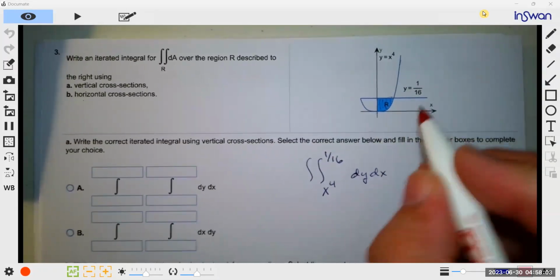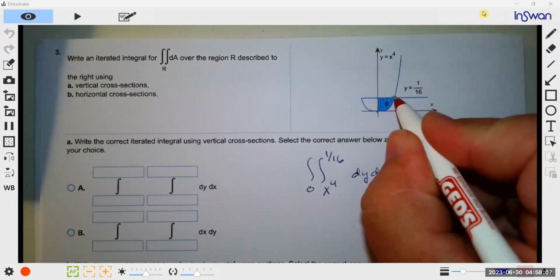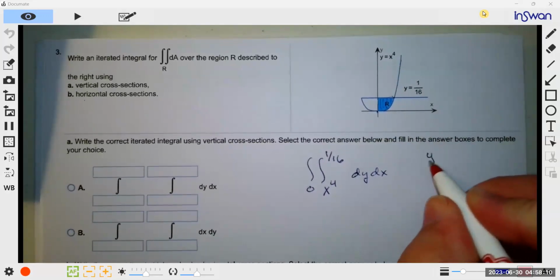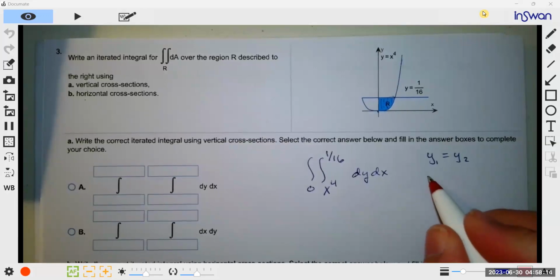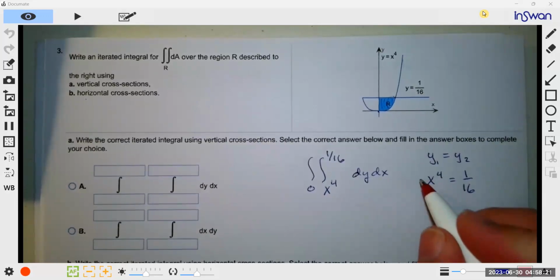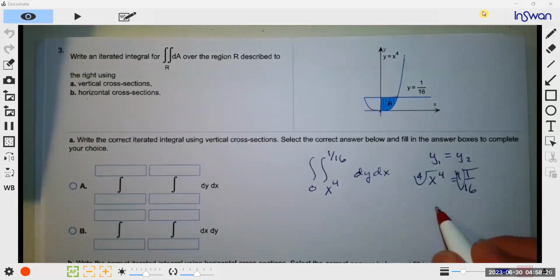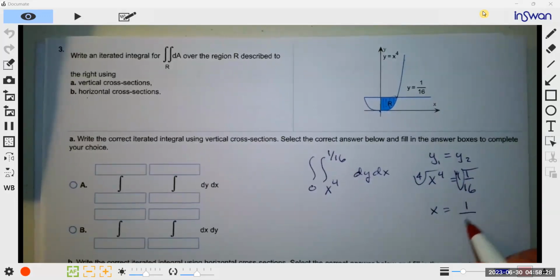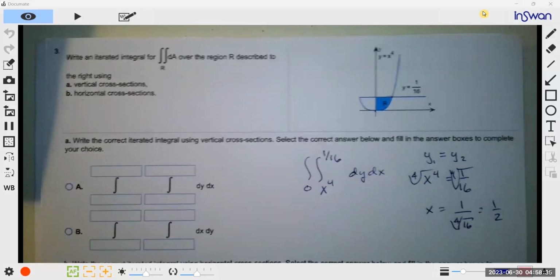And where do we go? We start at 0, and we go to where these two intersect, where y1 equals y2. So x to the 4th equals 1/16. If we take the 4th root of both sides, the 4th root of 16 is 2, 2 times 2 times 2 times 2.